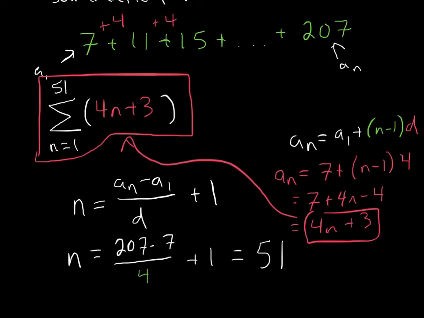Now, just real quick, I want to rehash what I found. You might want to write this down somewhere in your notes. In order to write a series in summation notation, we have to find 3 things. The lower limit, which usually we can start off with 1. The upper limit, so we have to find the n using that formula.